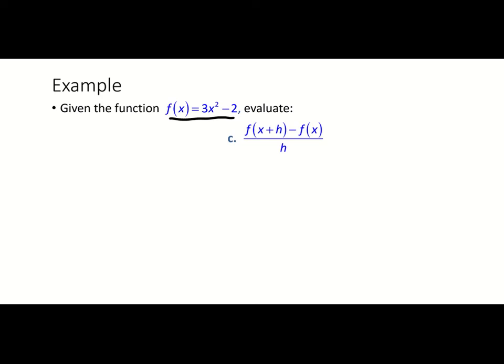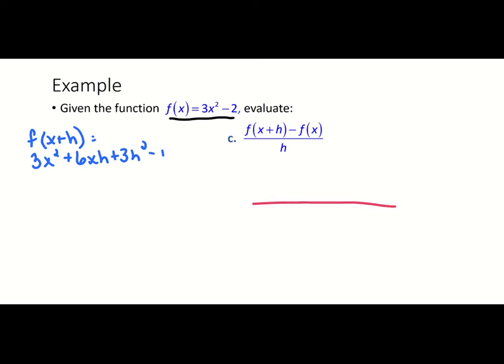They don't introduce it like that here, but that's what we're doing. If you recall from the other page, I'm not going to make us do it over again, but f of x plus h, we did that already, and it was equal to 3x squared plus 6xh plus 3h squared minus 2.